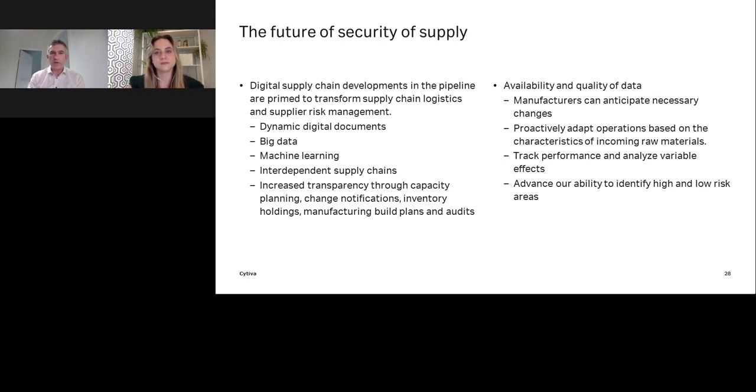There was a lot of work involved, and we got great support from our suppliers and our logistics partners, but in the end it worked very well. It was a success story.